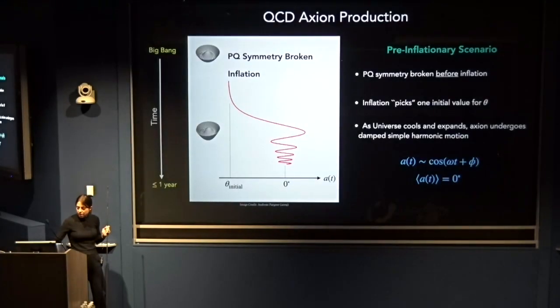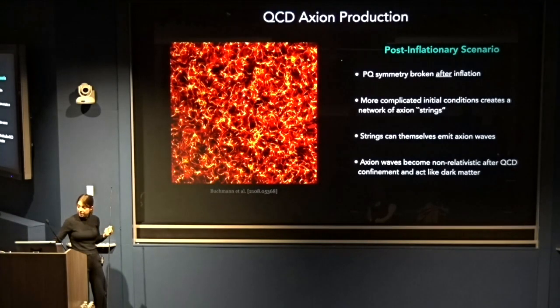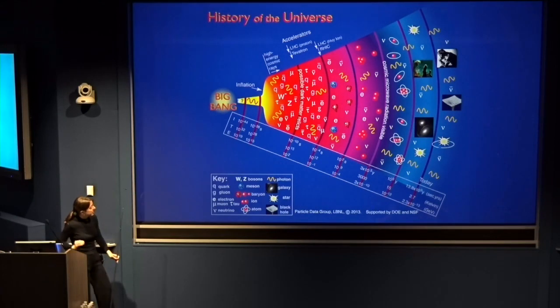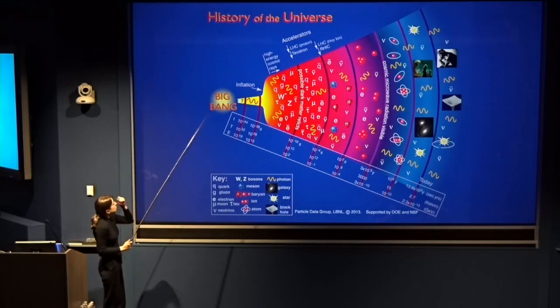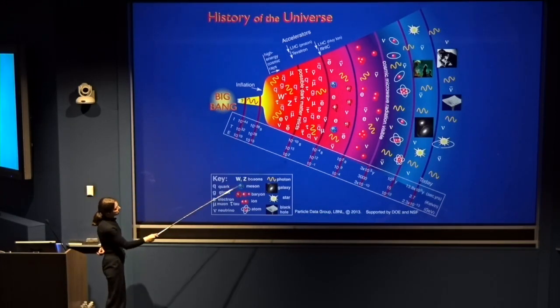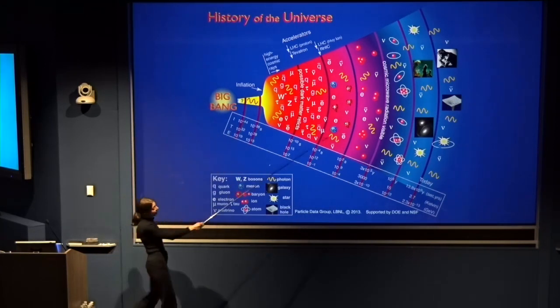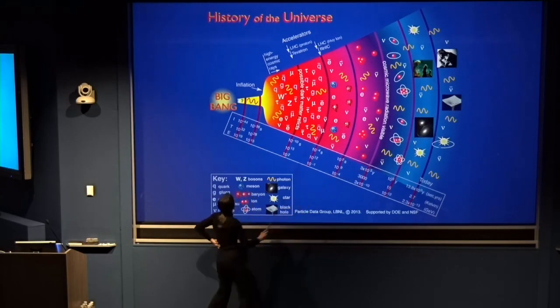So there are a variety of ways in which we can do this in the universe's evolution. I'm going to skip some of these images, and I'll just summarize it here. So just to put this in perspective in terms of the broader picture of how our universe evolves, here's the Big Bang. Here we are today.